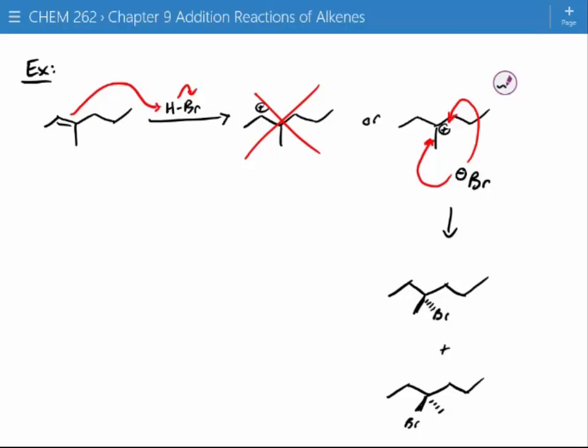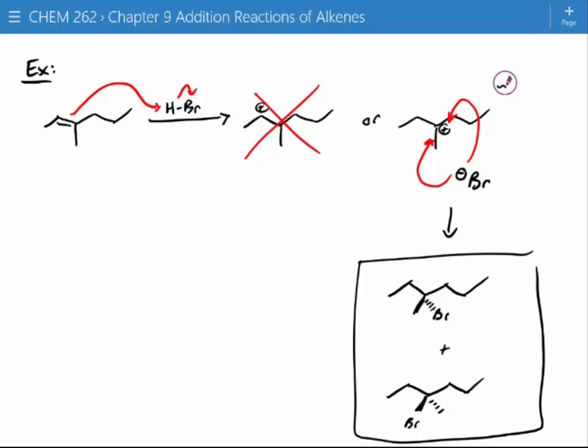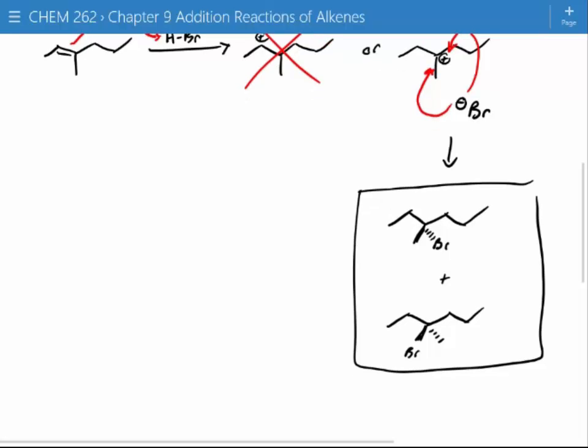But if we look at the set of products that we've got here, what's the relationship between these two products? We don't really use cis and trans when we're looking at pairs, right? So if we're looking at these as a pair, are they diastereomers, enantiomers? They're enantiomers. So in this case, we get a pair of enantiomers.